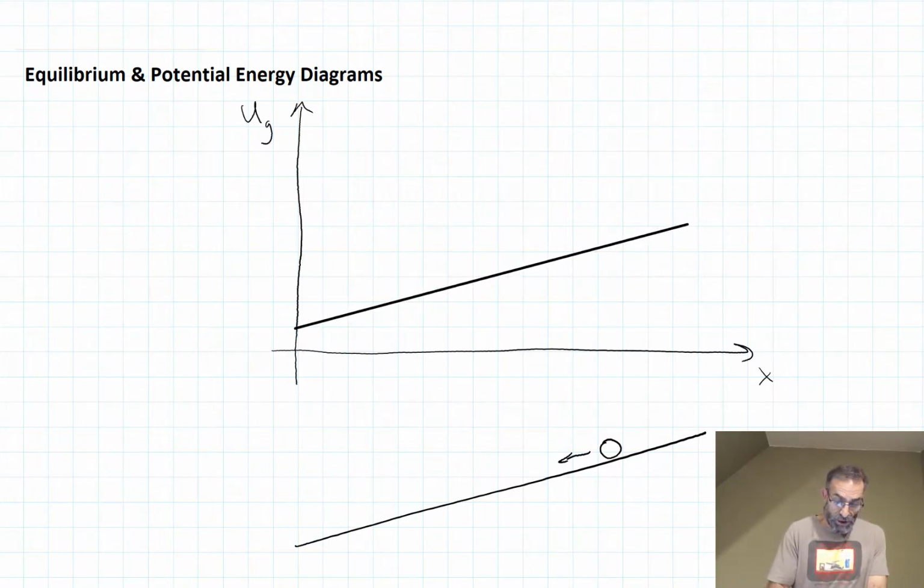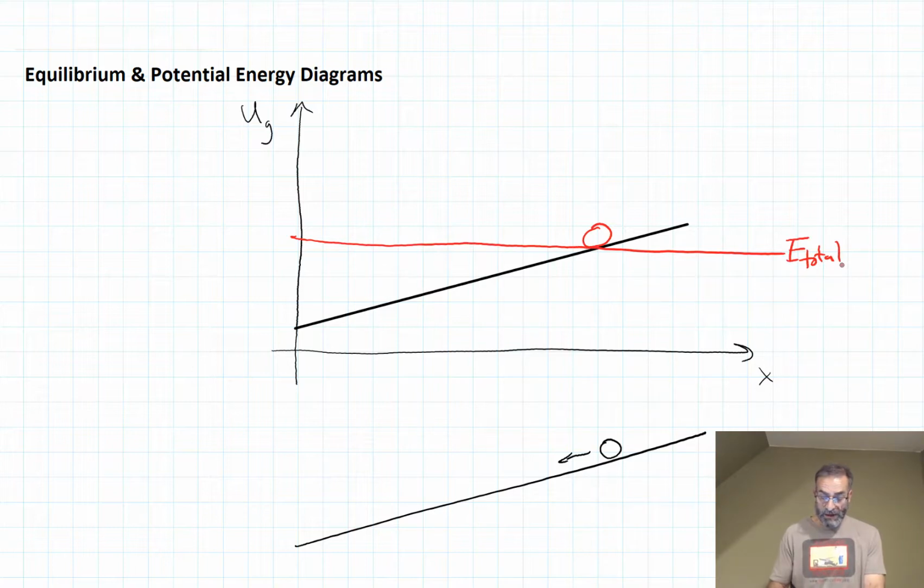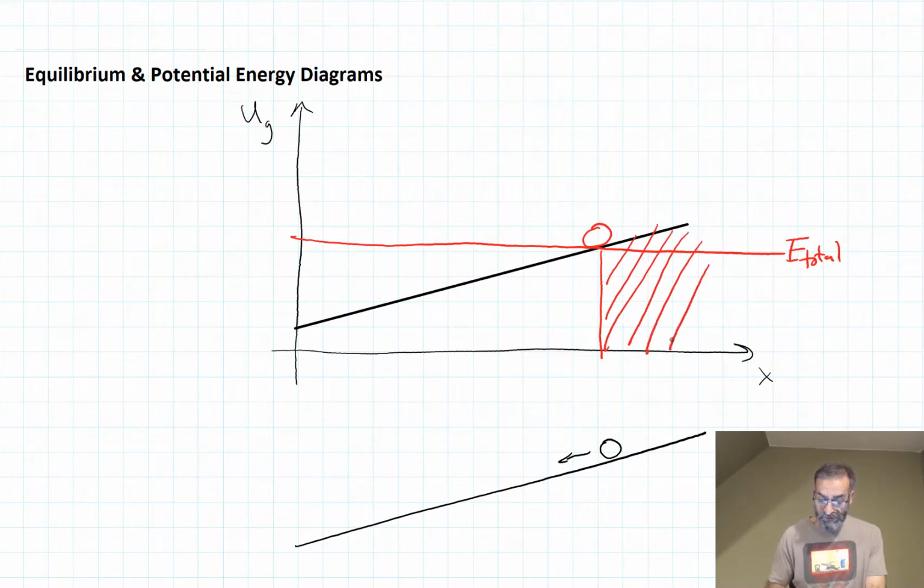So if my ball starts out up here, the total energy of my system is defined by its starting point. The region out here would be the classically forbidden region, and the object would feel a force toward lower gravitational potential energy.